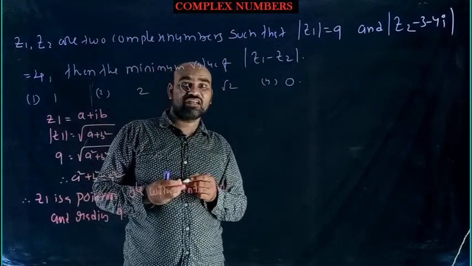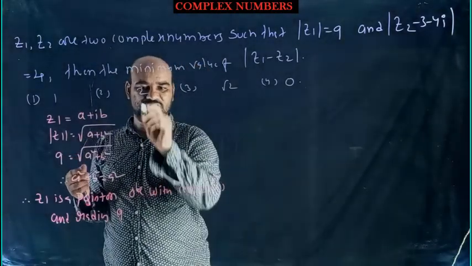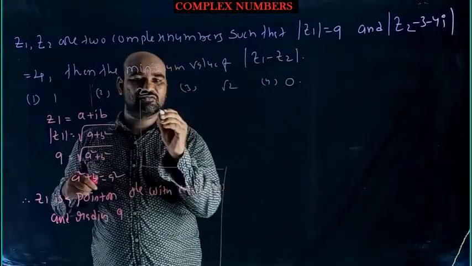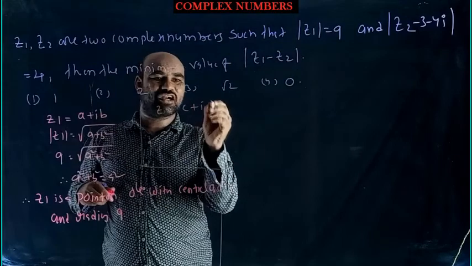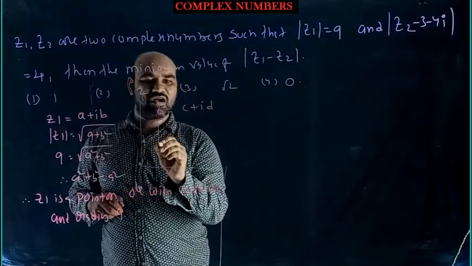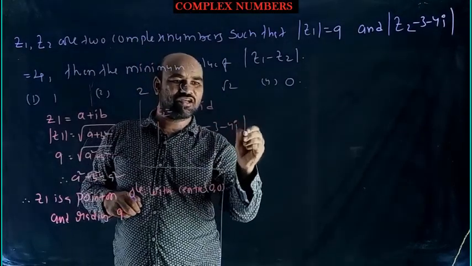What does z2 represent? We need to find that again. Now z2 is taken as c + id. Mod of c + id − 3 − 4i is given as 4.